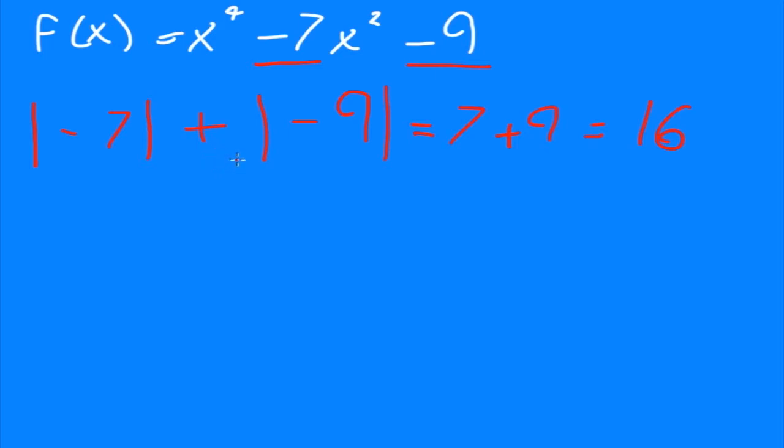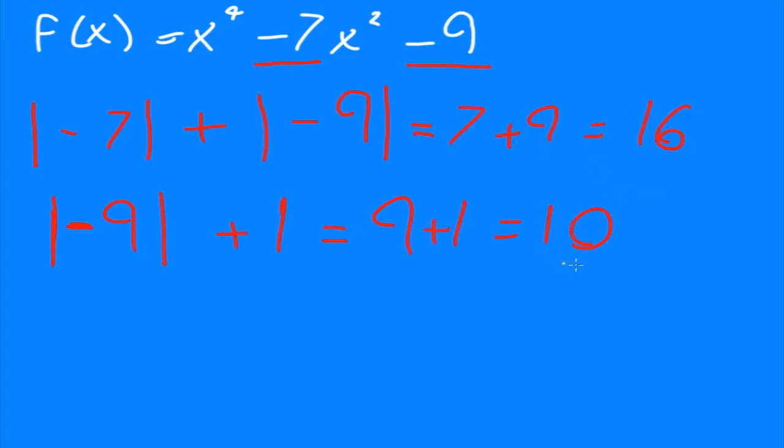Then you're going to take the largest one of these two numbers, which is -9, take its absolute value, and add 1. So 9 plus 1 equals 10. You have these two numbers, and you ask yourself which one is smaller.